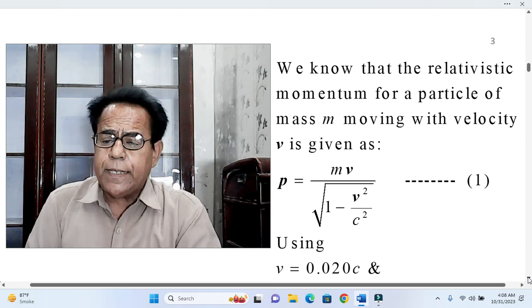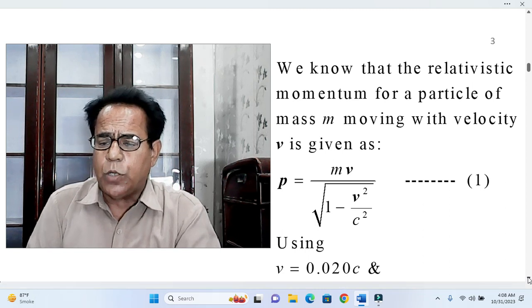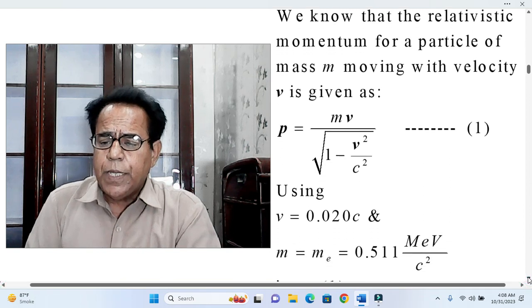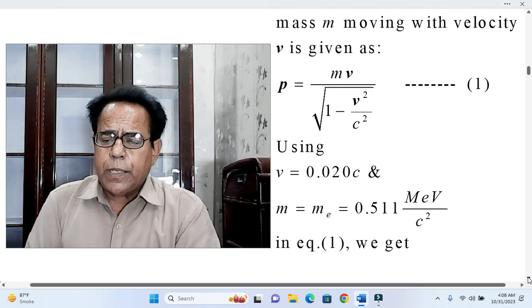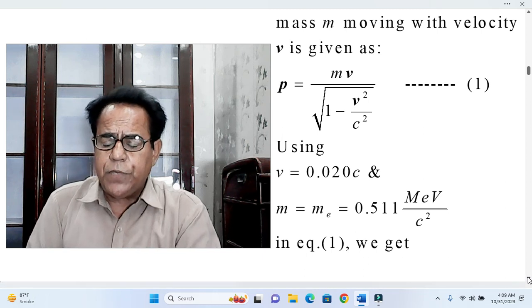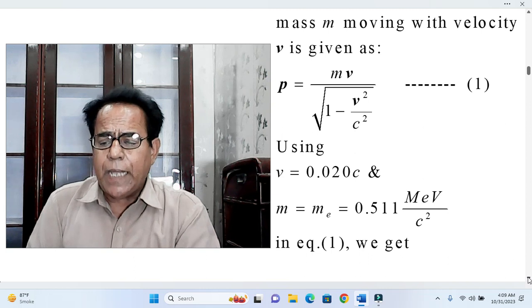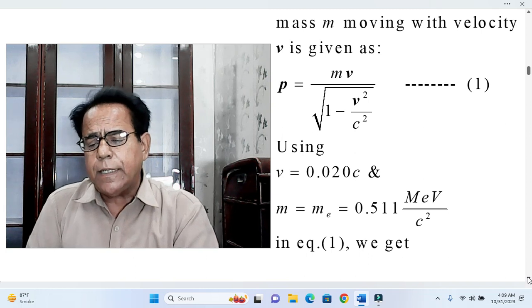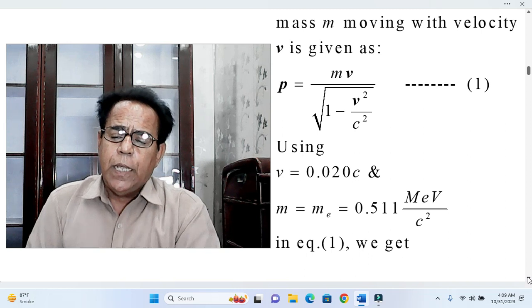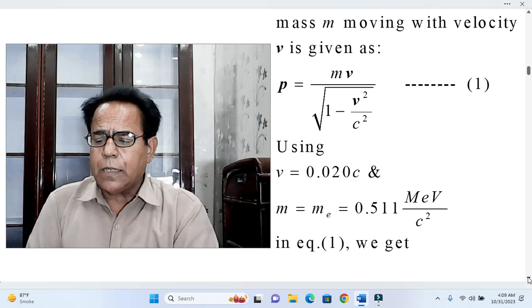We know that the relativistic momentum for a particle of mass m moving with velocity v is given as p = mv / sqrt(1 − v²/c²), using v = 0.02c and m = m_e, where m_e is the mass of the electron, equal to 0.511 MeV/c².